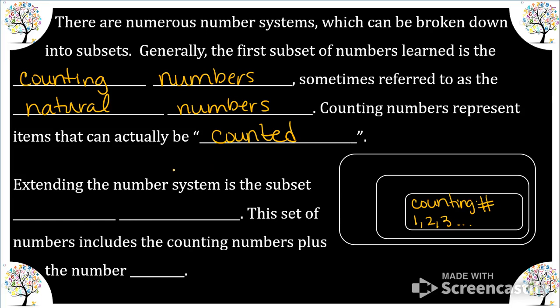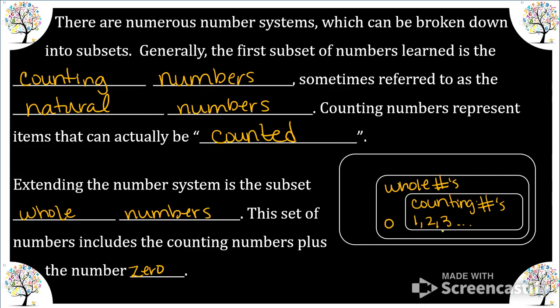Then we extend the number system with another subset called the whole numbers. So the whole numbers include the counting numbers plus the number 0. So we have the whole numbers. So we have 0, 1, 2, 3.